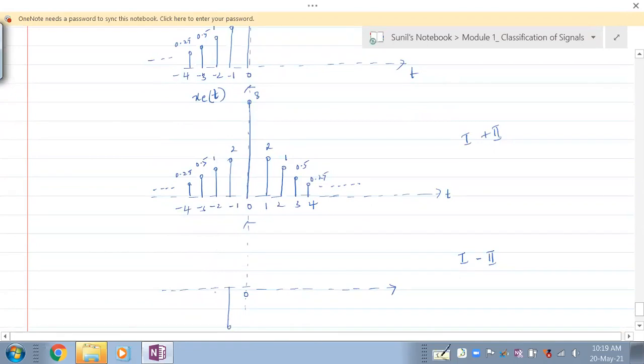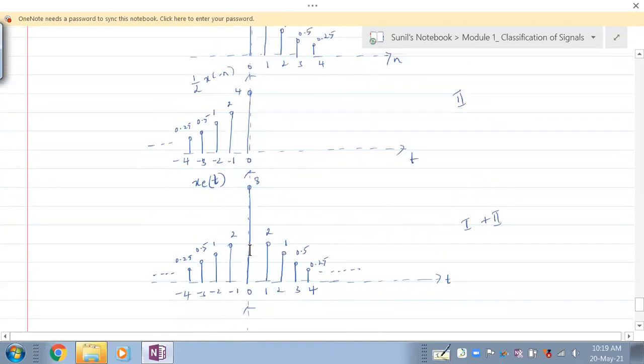Fine. 1 will become minus 1. 0.5 will become minus 0.5. Minus 0.25. So this is how it looks like. Minus 0.25. Minus 0.5. Minus 1. Minus 2. Okay, at 0 we don't have any sample.